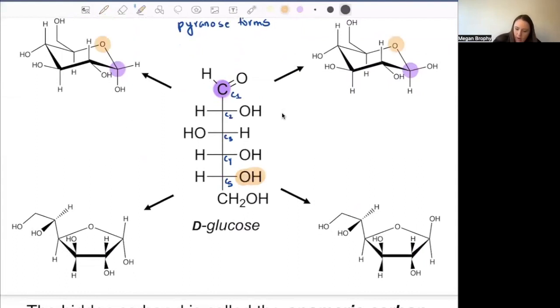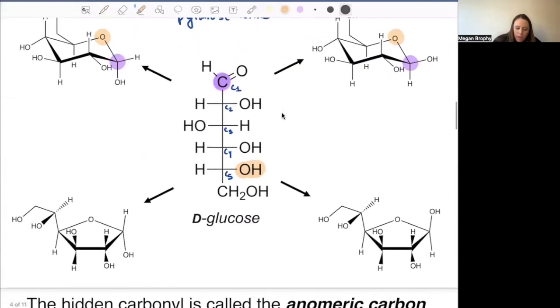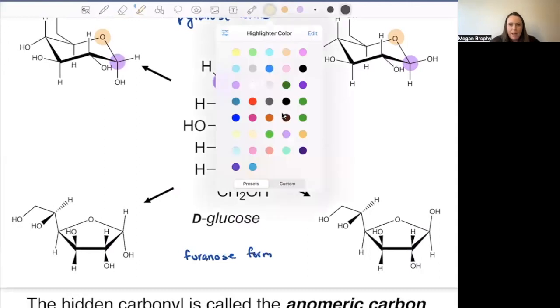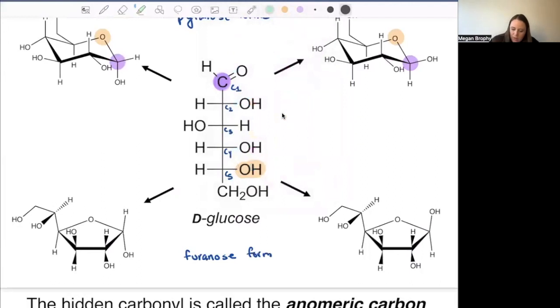So here we have our C5. We can also make what's called a furanose form. That's a 5-membered ring formed by making a hemiacetal with the hydroxyl group that was on C4.